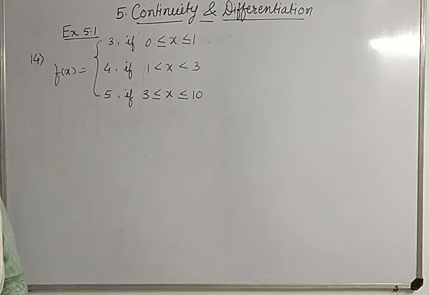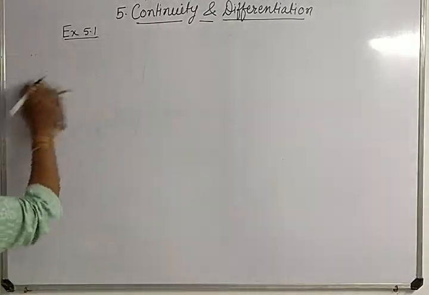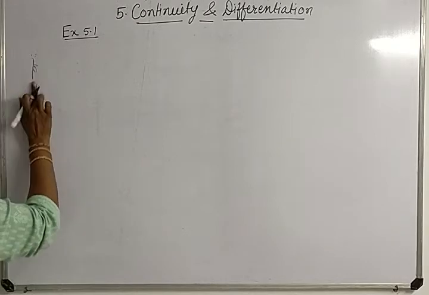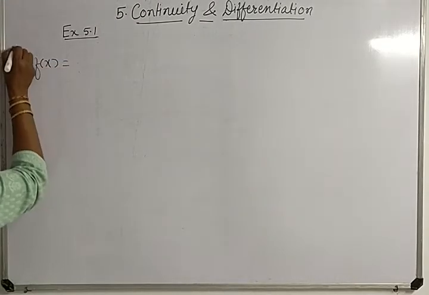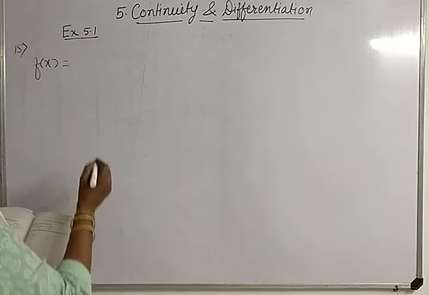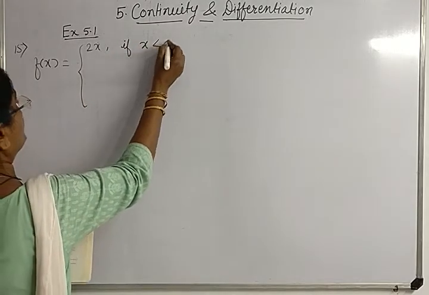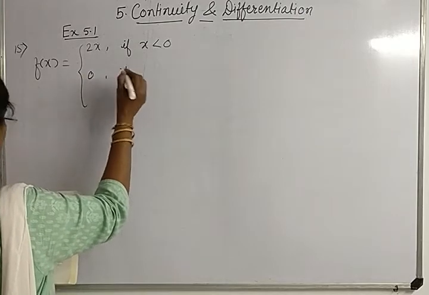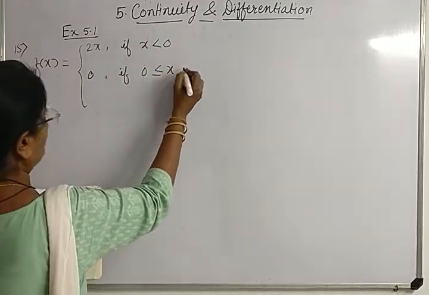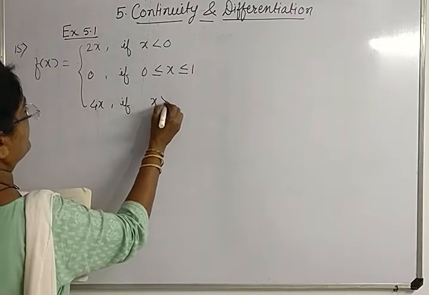Now question number 15. Question number 15 is the function f of x equal to 2x if x is less than 0, equal to 0 if 0 is less than or equal to x and x is less than or equal to 1, equal to 4x if x is greater than 1.